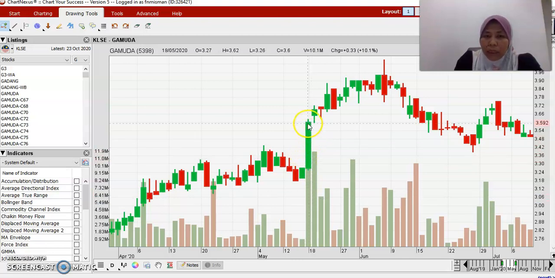For example, this very solid candle we call Marubozu. We can have a green Marubozu or a red Marubozu. Other popular patterns include Harami, engulfing, hammer, doji, and so on. You can refer to my slide about those patterns.